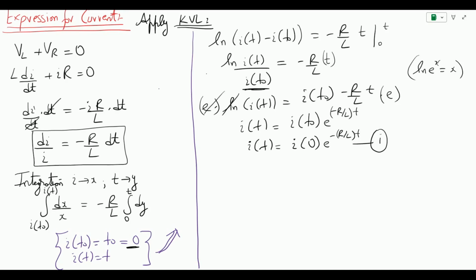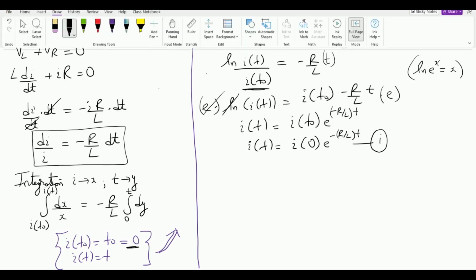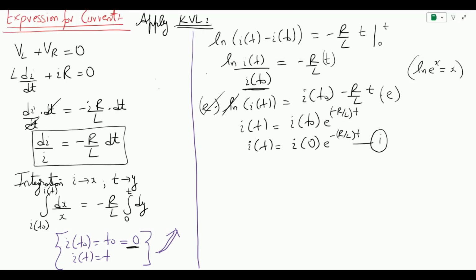So another thing we can do is we come back to this I of 0. We remember that when we were talking about inductors, we talked about an important condition of inductors: whenever we are working with inductors, the abrupt or sudden change of current is not allowed.